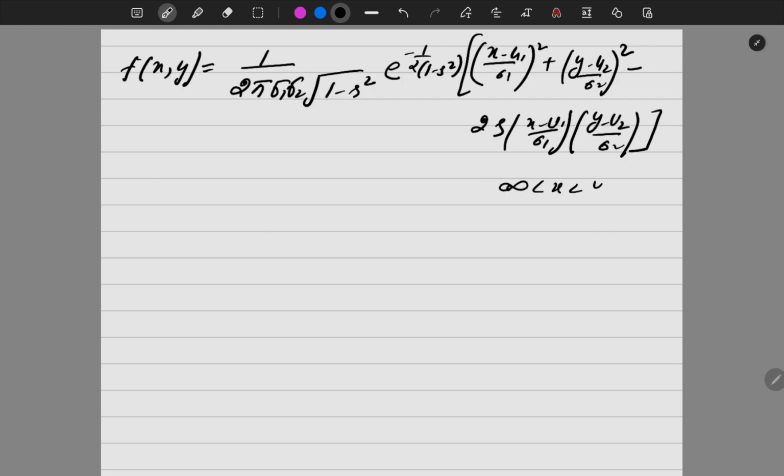And the range of x comma y is this. So this is the PDF of the bivariate normal distribution.